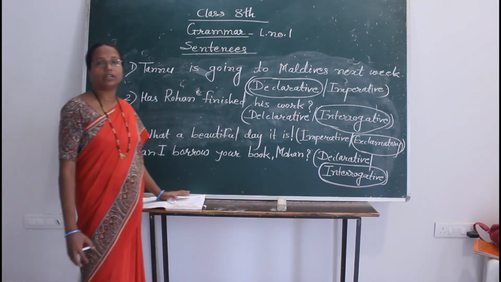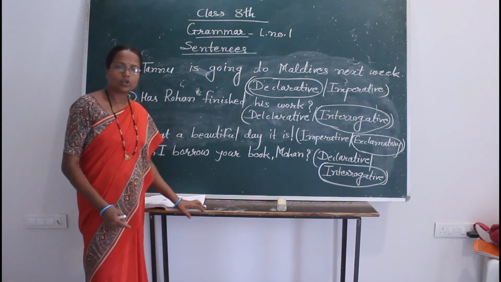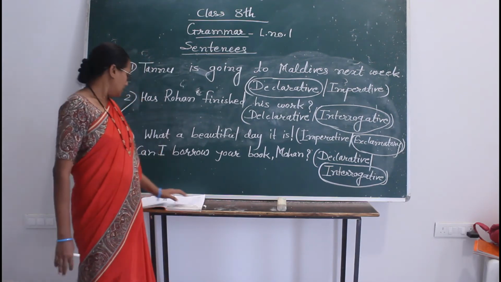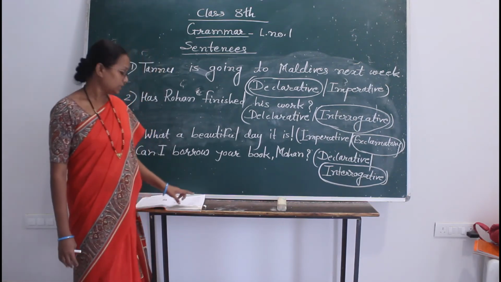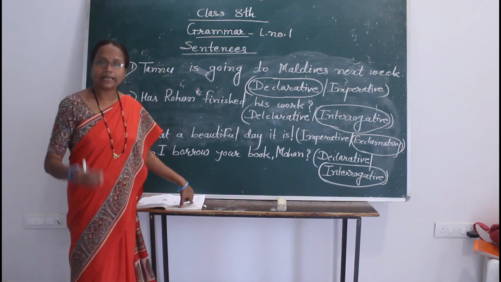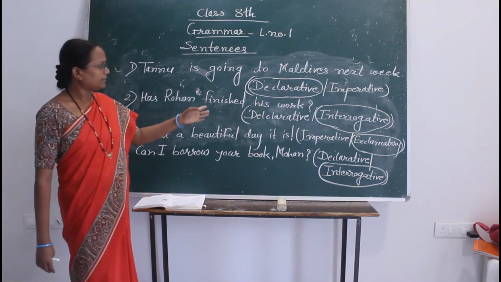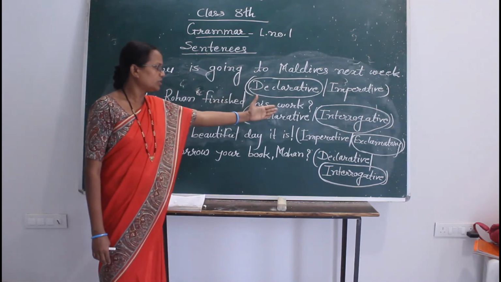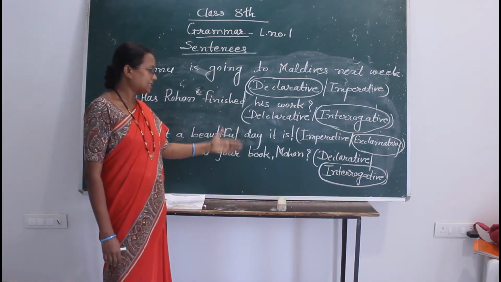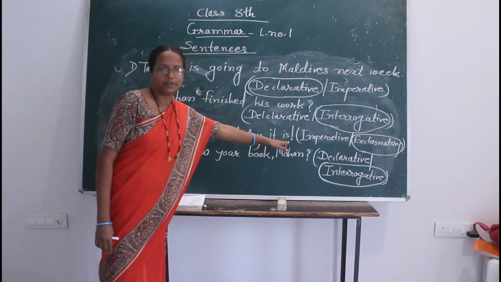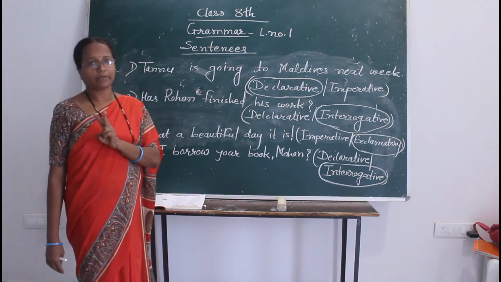We have 14 such questions here, and you have to solve them all one by one. And while solving, you have to take care that you circle the correct clue. Remember that if any sentence is ending at a question mark, then it is interrogative. If any sentence is ending at an exclamation sign, then it is exclamatory. These two are very easily identified.